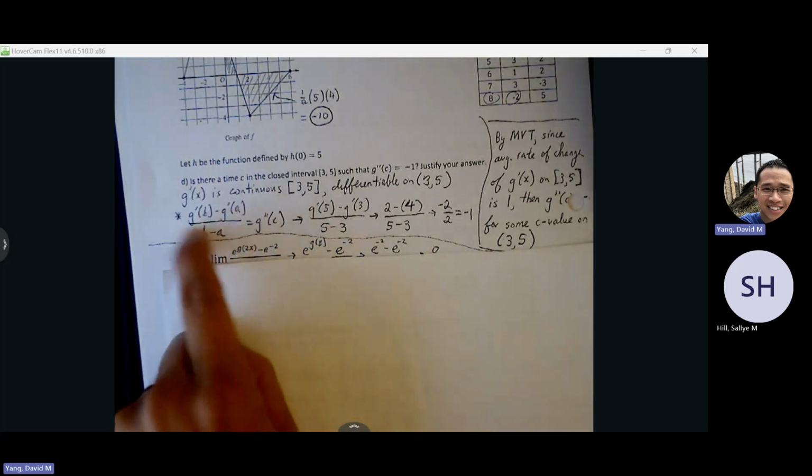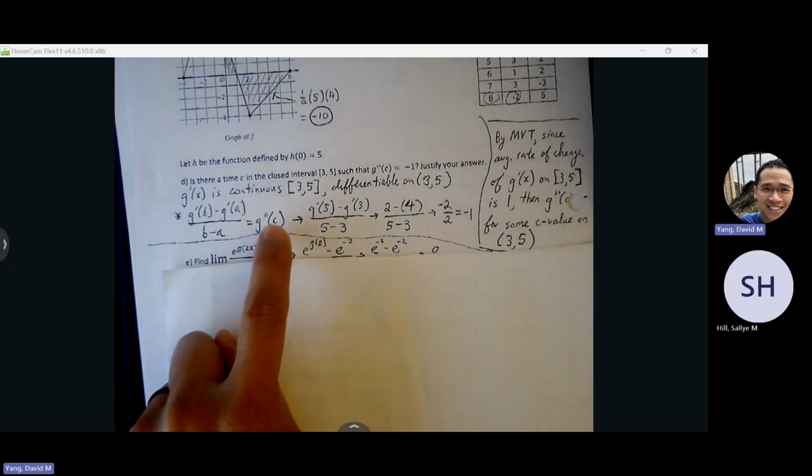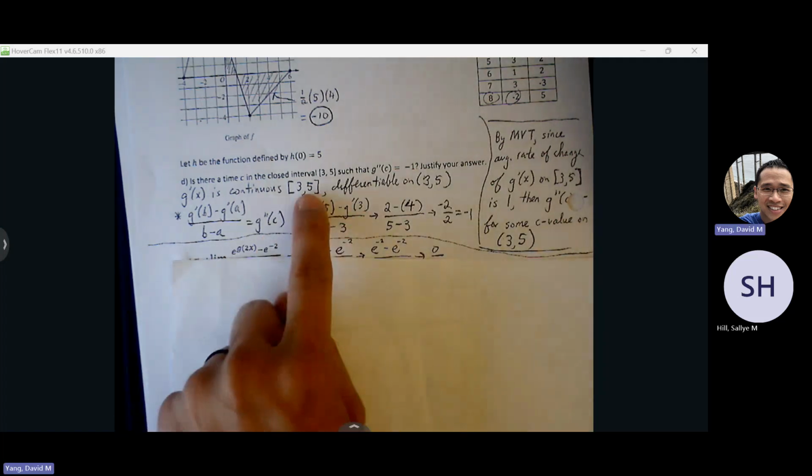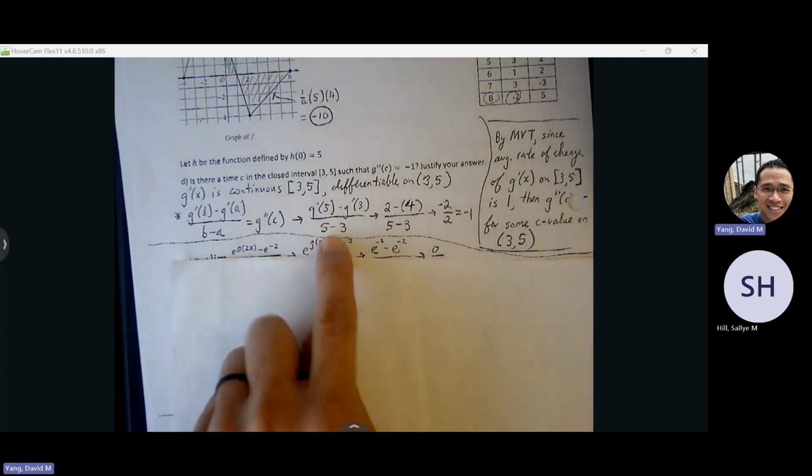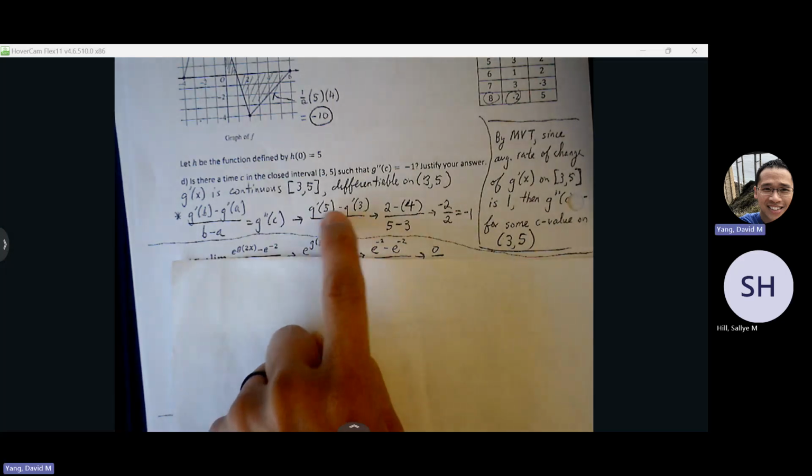So if I can somehow show that the slope at the G prime level is equal to -1, then I can use mean value theorem to guarantee that if there's a slope of -1 between the two endpoints, there must be a slope somewhere along that curve that's also -1. So we use our endpoints that are provided for us, plug them into our formula, and then use our table of values to grab those y values.